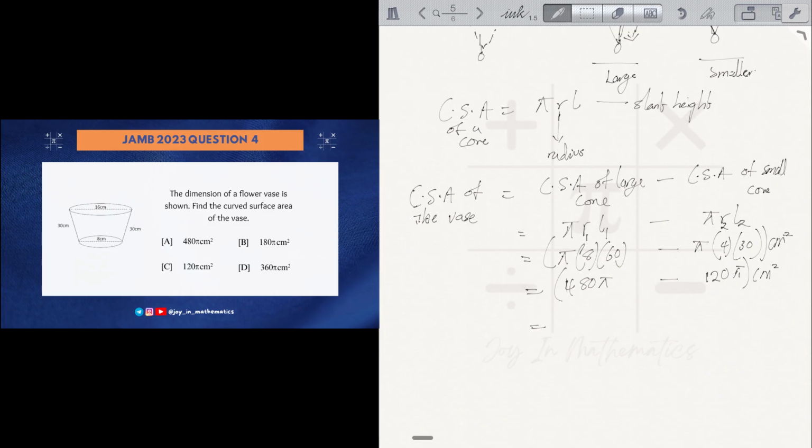So we have 480 pi minus 120 pi. The result is 360 pi centimeter squared. So the curved surface area of the vase is given as 360 pi centimeter squared, which is option D.